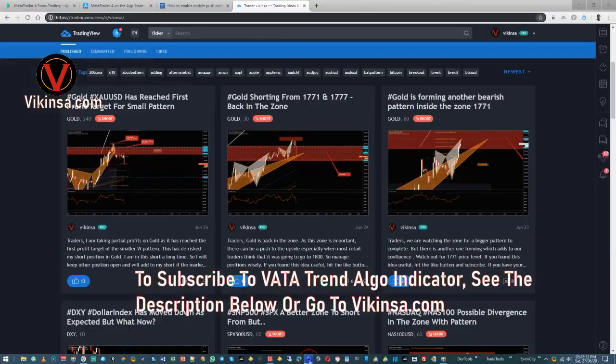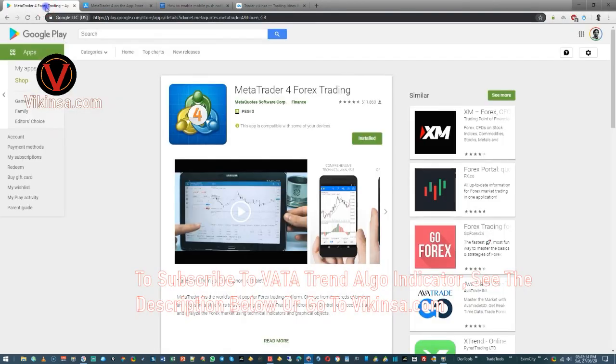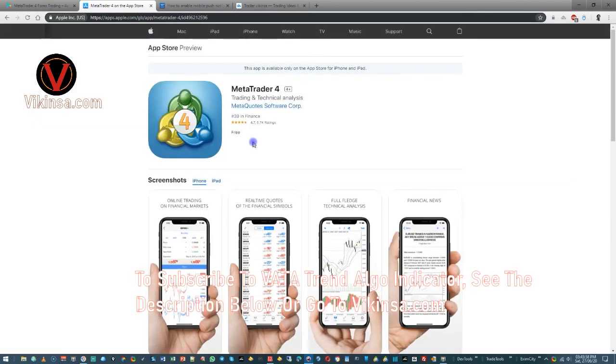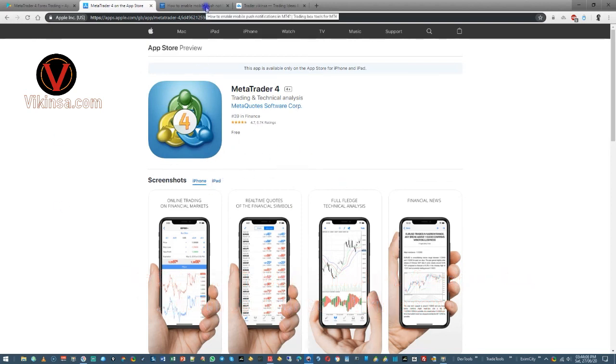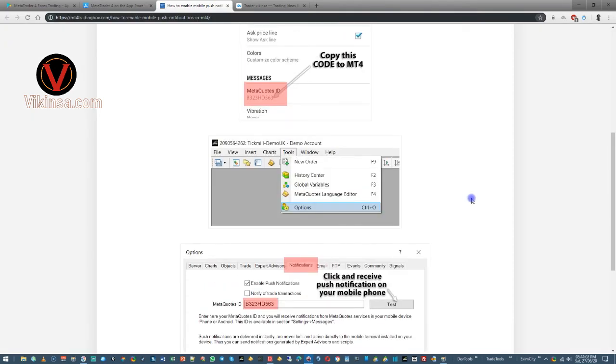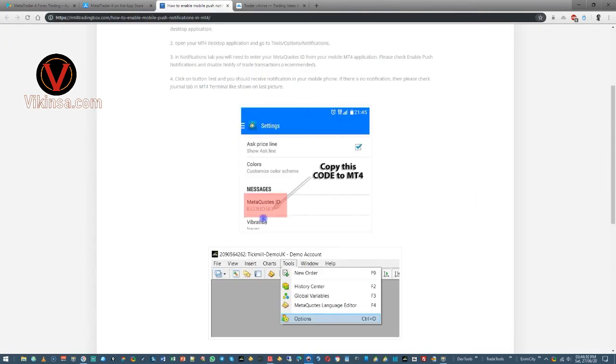Once you have done that, you should go and download mobile application for MT4 on your Android or iOS platform. These are available for free, and once you have opened those applications in your mobile phone, you could go to their settings, and you could have copied meta codes ID.